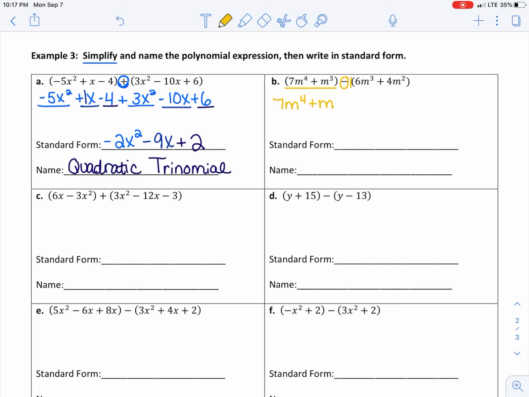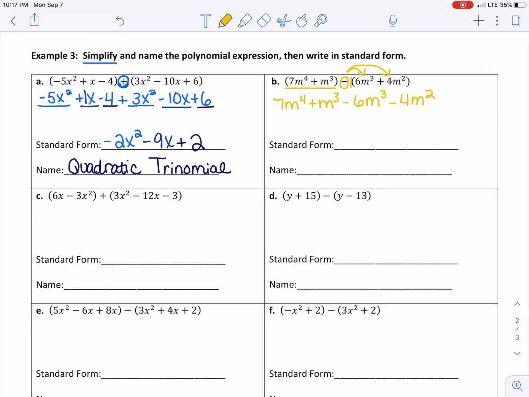Then we're going to take that negative 1 and distribute it to everything in my parentheses. So negative 1 times 6m to the third gives me negative 6m to the third. And then negative 1 times 4m squared gives me negative 4m squared.